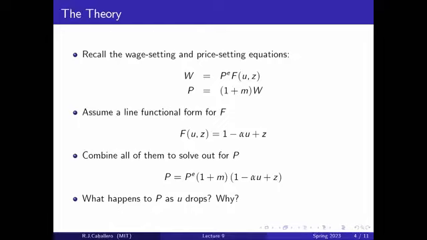That will be the case only if PE happens to be equal to P. Then we simplify this function f for something linear like this. Very simple, but again, decreasing in unemployment, increasing in this institutional parameter z.